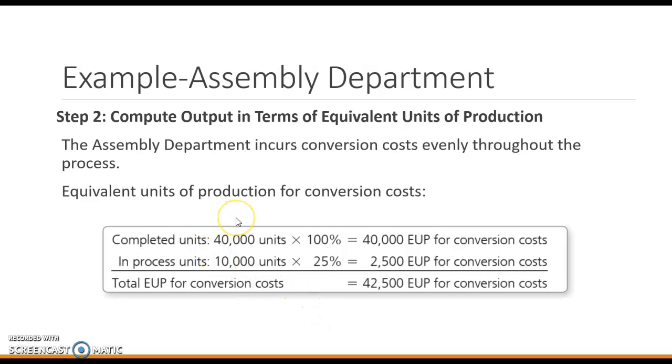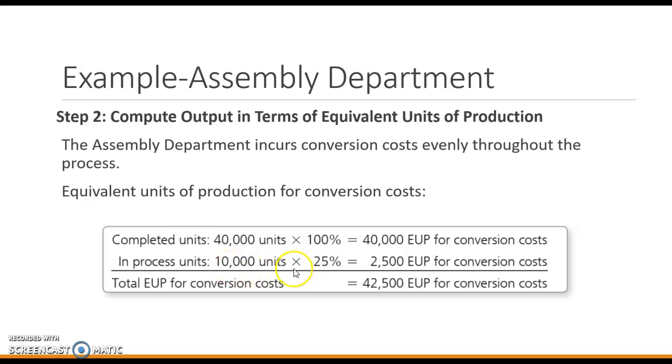Now I have to look at conversion costs. Okay? For the completed puzzles, the 40,000 units that transferred to cutting, they're 100% complete as far as conversion. So 40,000 times 100% complete is 40,000 equivalent units for conversion costs. But the 10,000 units that are still in the assembly department, they're only 25% complete as far as direct labor and overhead.